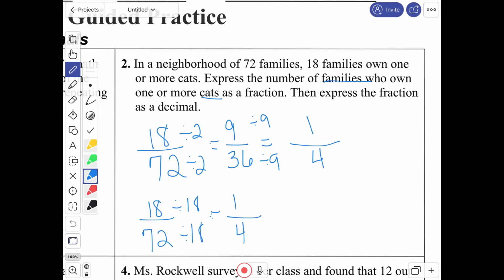And you can get to the same place in one step. Either way is fine. They both simplify to 1/4. And fourths are the easy one to memorize because fourths are quarters. And 1/4 would be 0.25.